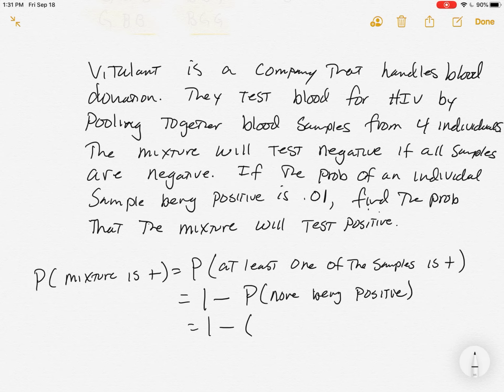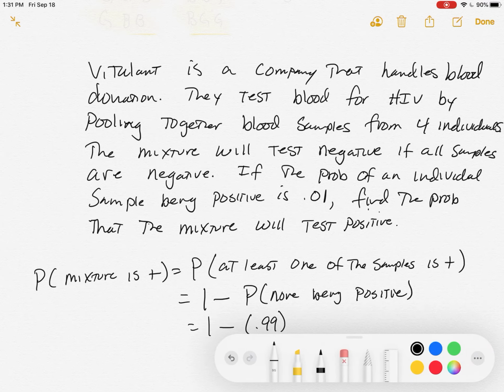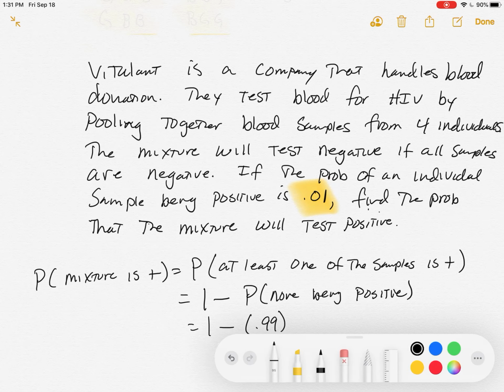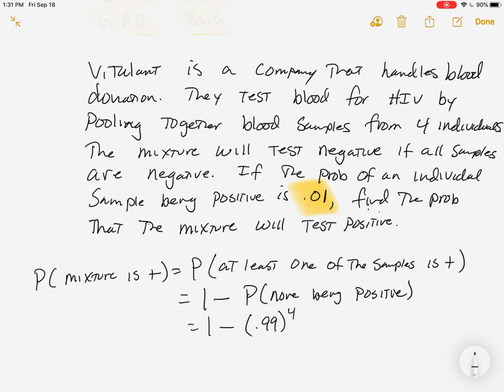So this is 1 minus the very first person's blood testing negative. Well, that's going to be 0.99. And the second person, also 0.99. You okay with where I'm getting the 0.99? I know the probability that an individual is positive is 0.01, so the probability that they're negative is 0.99. And that's what I want. I don't want it to be positive. None are positive. They're all negative. So this 0.99 is going to happen all four times.